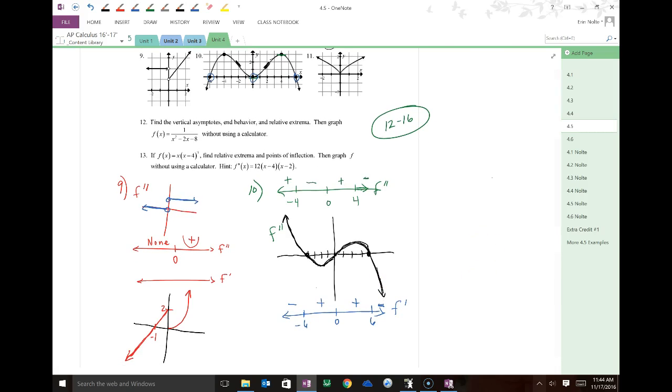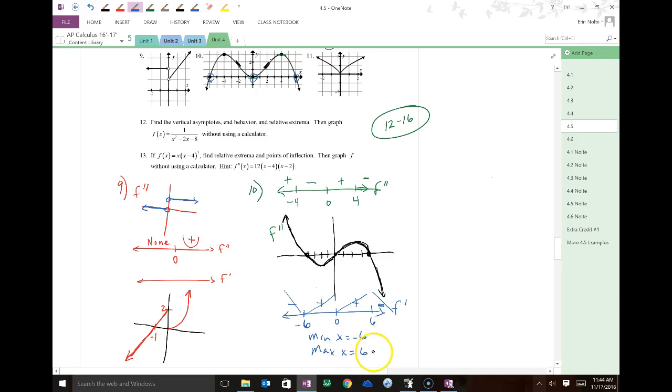For this one, it's going to go down, go up, then up some more, and then down. So what I know from this graph is that we have a minimum at x equals -6, and we have a maximum at x equals 6.